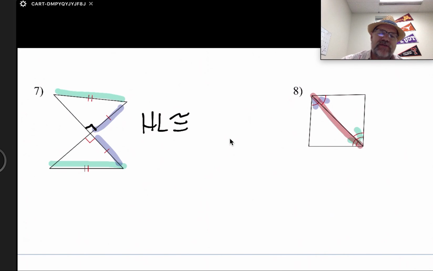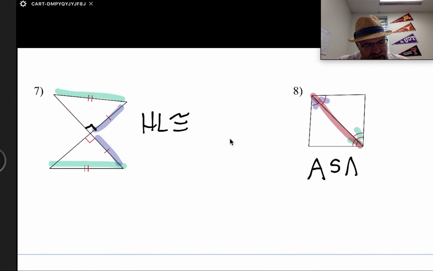So I now say, I've got 2 angles and a side, so it's either angle side angle or angle angle side. And now I ask myself the question, is the side in between the 2 angles or is the side outside the 2 angles? And this is between the 2 angles. So I would say angle, side, angle, congruency.